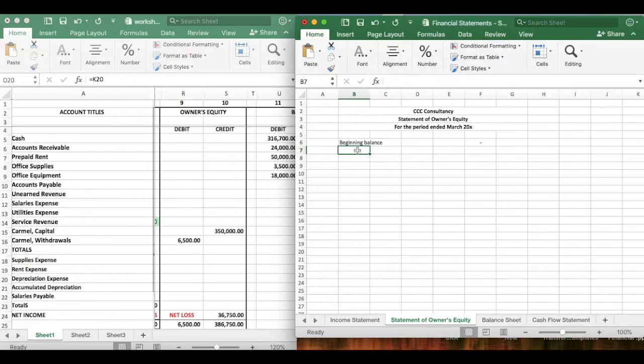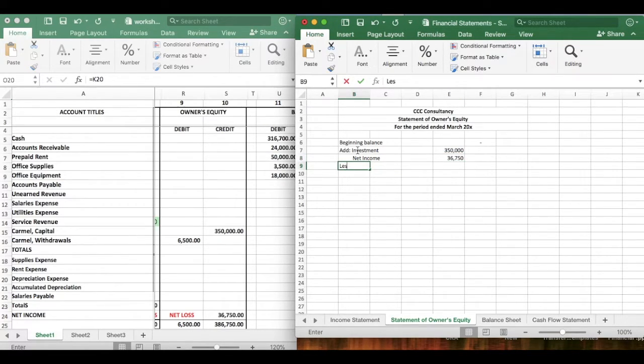Okay, then we have here investment, so add investment 350,000. Okay, then we also add the net income. So we just have all the things that we have to add together. Add net income of 36,750 that we got from the income statement.